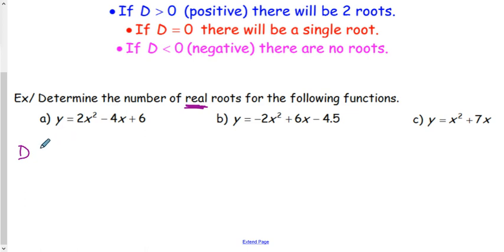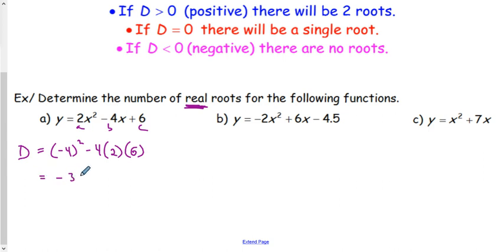You'll see that again. Okay, so our discriminant. We're going to take our b value. Our b value is negative 4. We're going to square it. We're going to subtract 4 times a, that's 2, times c, that's 6, right? A, B, and C. So we work that out. What do we get?